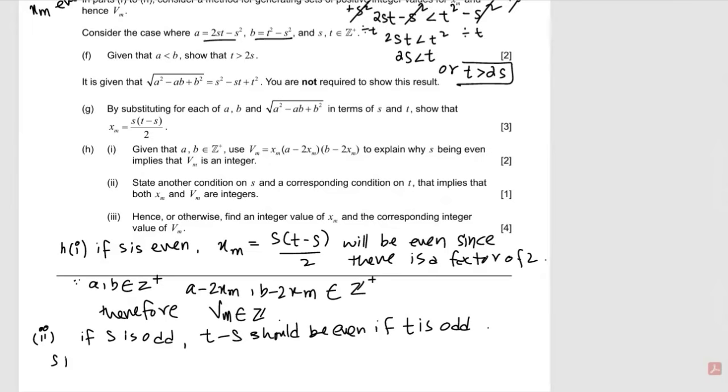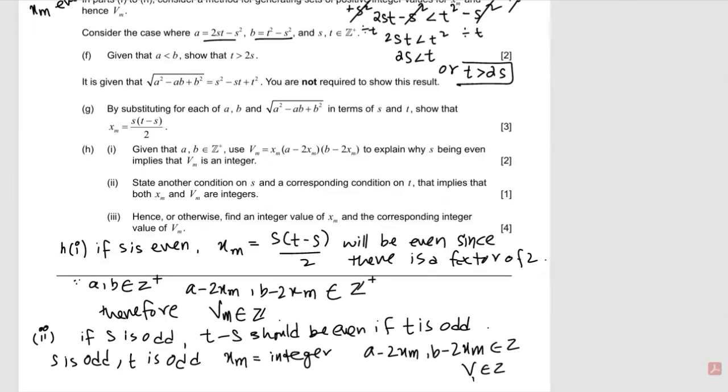Let's say S is odd and T is odd. Then x sub m will become an integer. If that is an integer, then a minus 2x sub m and b minus 2x sub m belong to integers, and hence V sub m will be an integer.